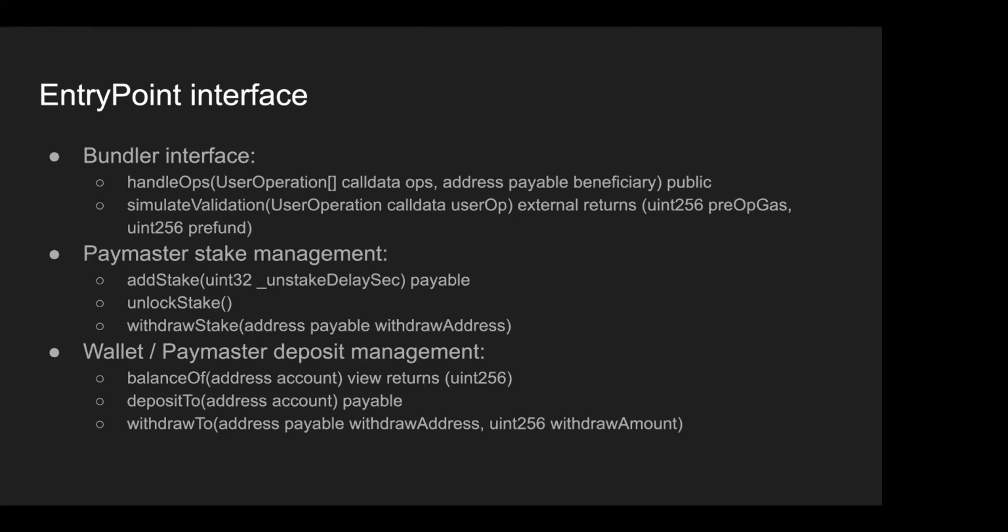And the bundler prepares the bundle. During bundling, it first uses a simulation function, which is called off-chain. This is a view function called simulate validation. It receives a single user operation, and it checks it against the current state to make sure that it is safe for inclusion.